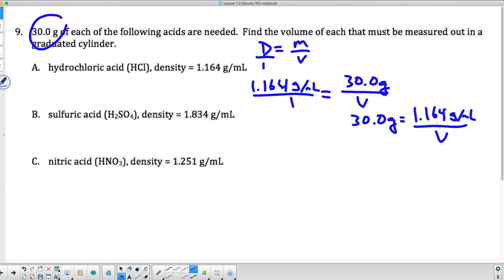Okay, and then what I do is I multiply all of this times V, so I divide both sides by 1.164 grams per milliliter.